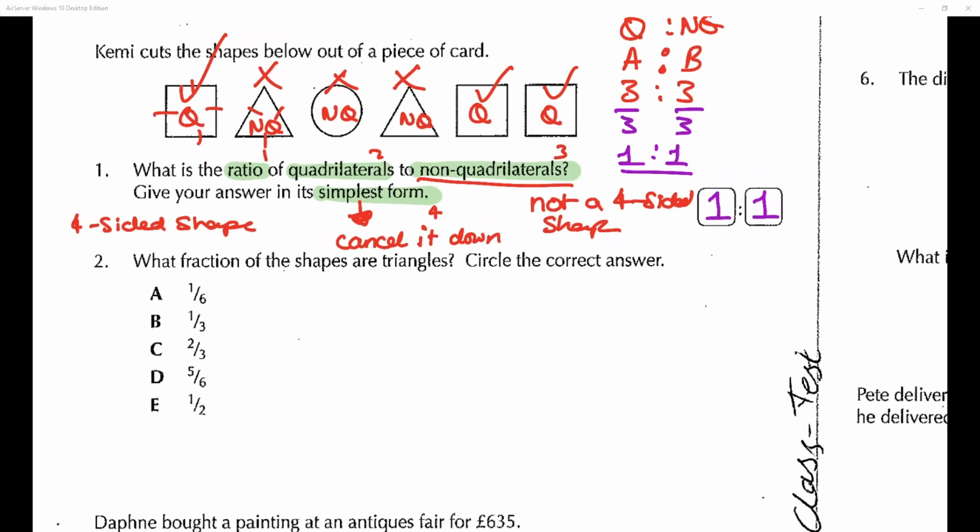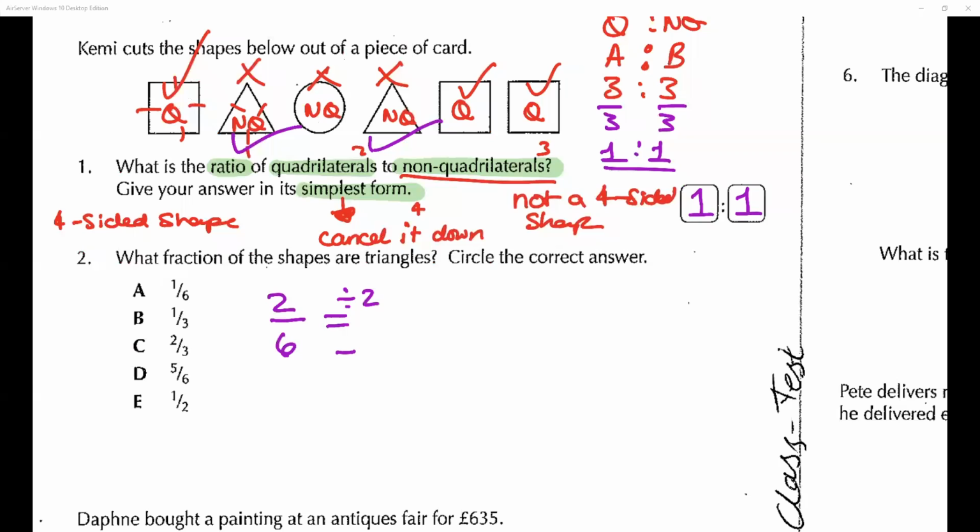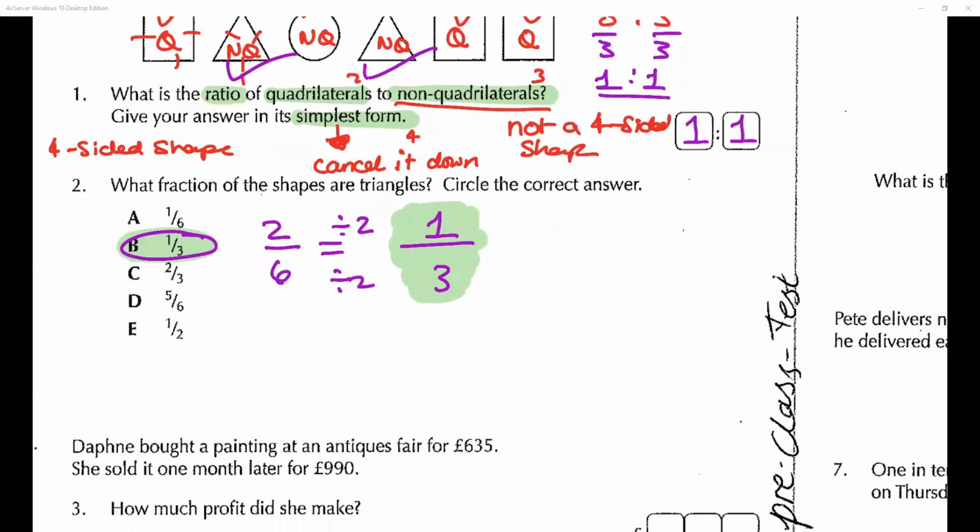So it'd be 1/3. Okay, so you said there's 2 out of 6 triangles. They are this one and this one, but 2 out of 6 is not here. So if we cancel it down by dividing by 2, that gives you 1 out of 3. 1 out of 3 is there, so that is the answer. You only get the answer after you simplify, the same word mentioned earlier.